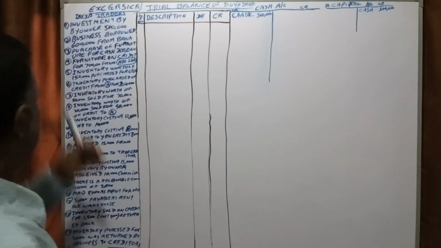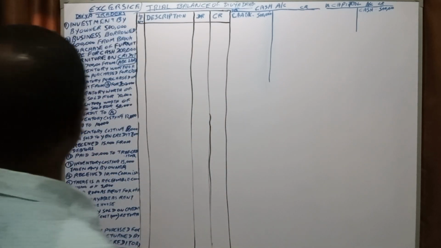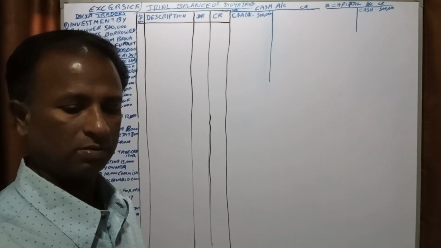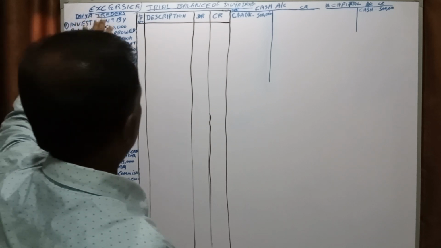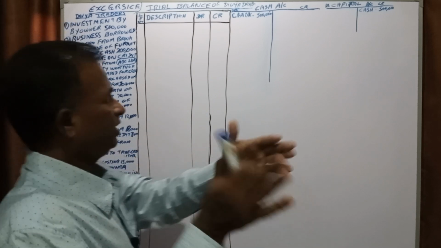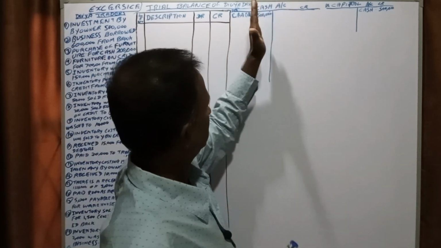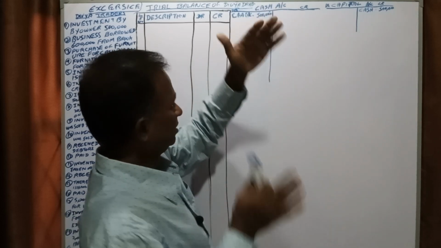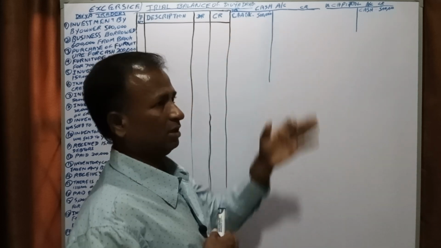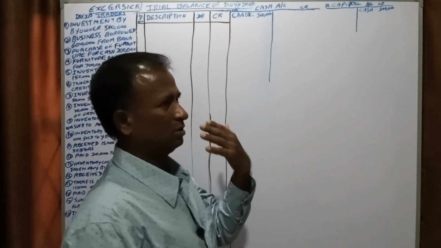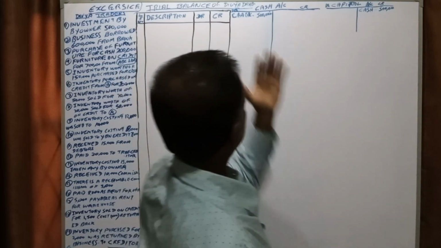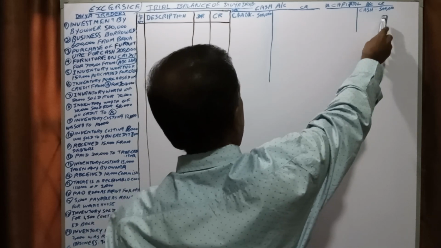Now the double entry is completed. Investment by owner means he is bringing in cash, so the cash account is debited. If we are receiving, then debited. For the capital account, we have to pay him some other day, so it is credited. One is debit, one is credit.